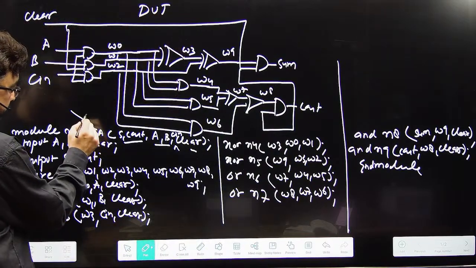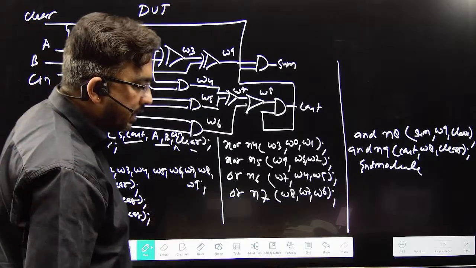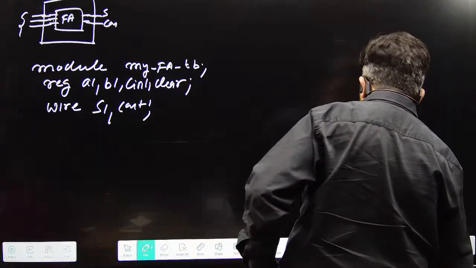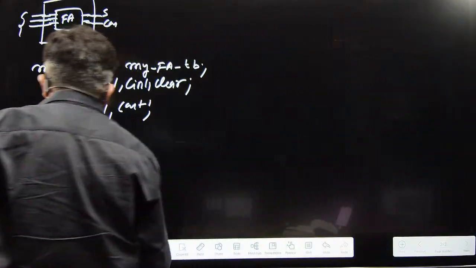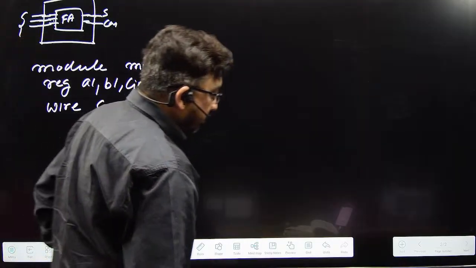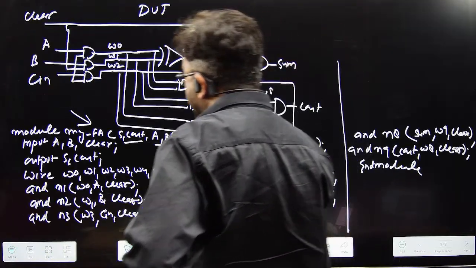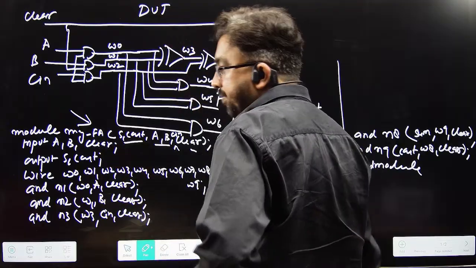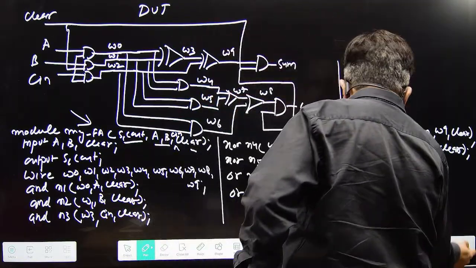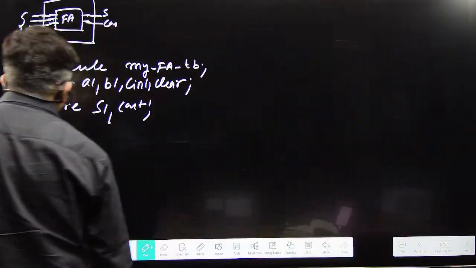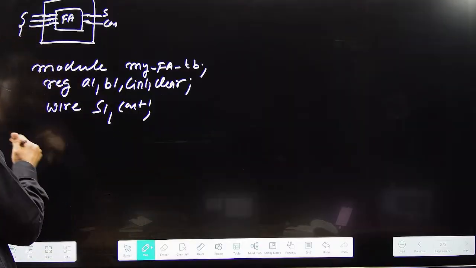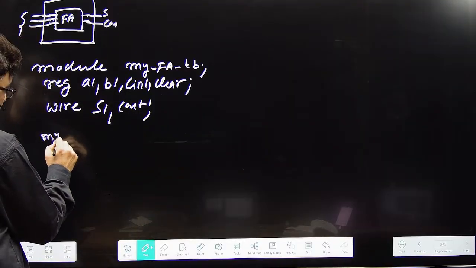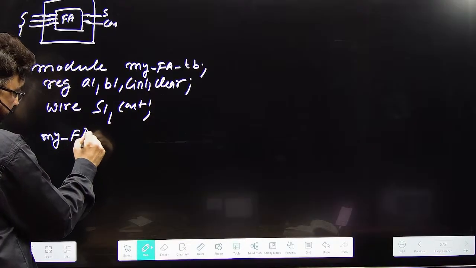This is your design name. So what is the name of my design? The name of my design is my underscore FA, FA is capital. So I will write the same, my underscore FA.